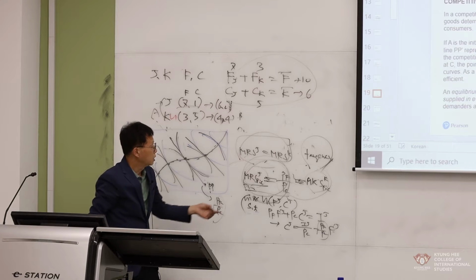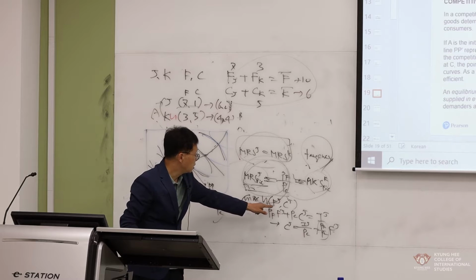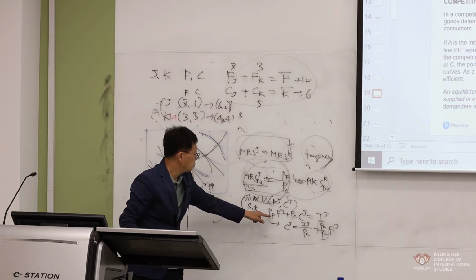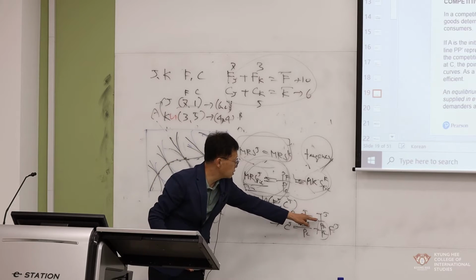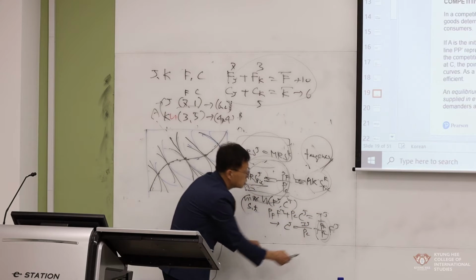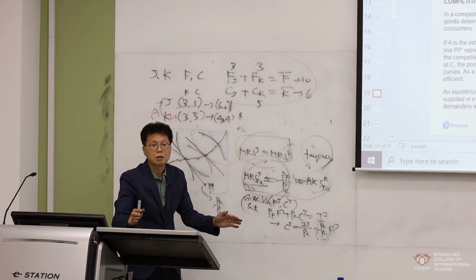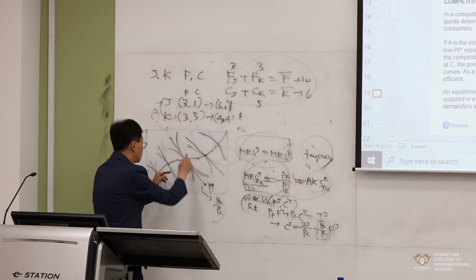Similarly, Karen solved a utility maximization problem. Say utility of FK, CK, subject to PF FK plus PC CK is equal to income of Karen. Anyway, slope of budget constraint is PF over PC because the market is perfectly competitive, right? So this one is budget constraint.